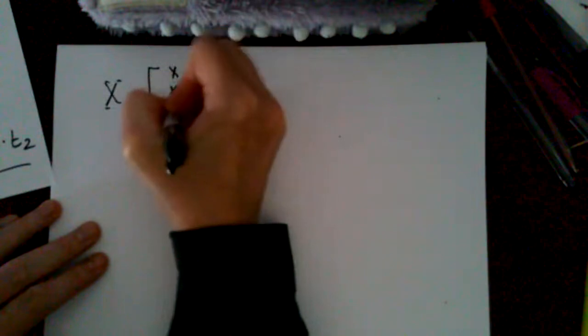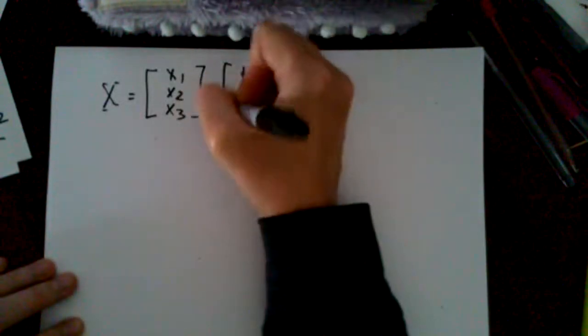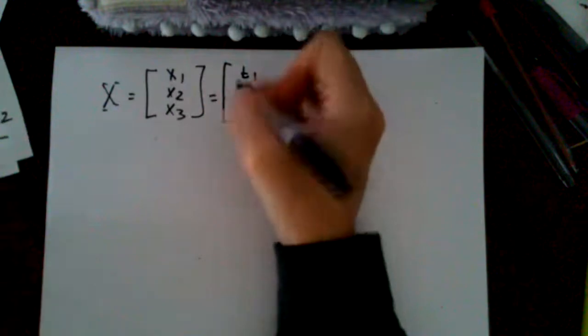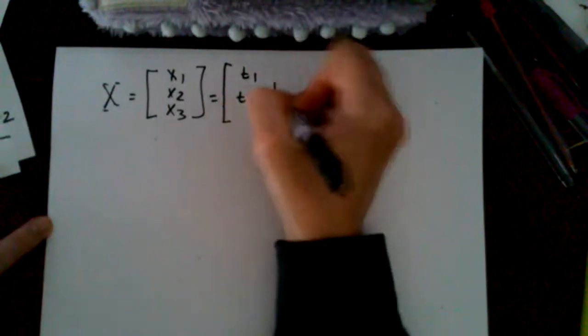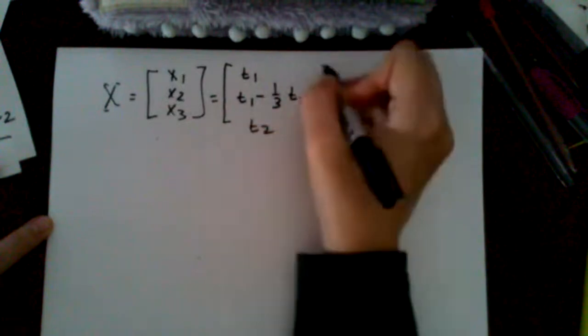Okay, so this is our first variable. And it's time to write down the answer in the standard form. The answer looks like capital X, which is a column of 3 variables, x1, x2, and x3. Let's substitute our results. So x1 is equal to this expression, x2 is equal to t1, and x3 is equal to t2.